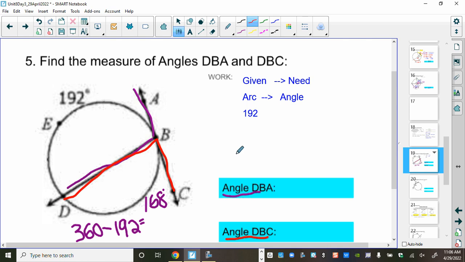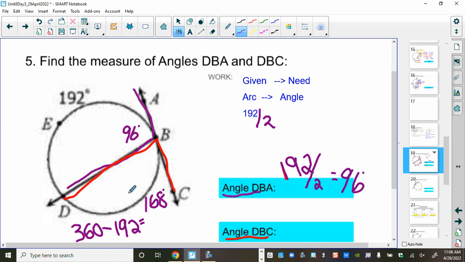Is it the 192 or the 168? 192. 192 divided by 2, yes. Very good. That's 96 degrees. So we got a 96.